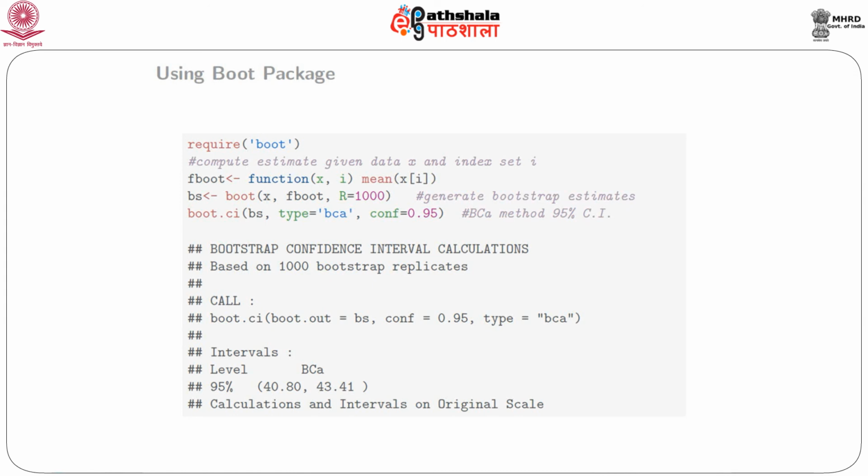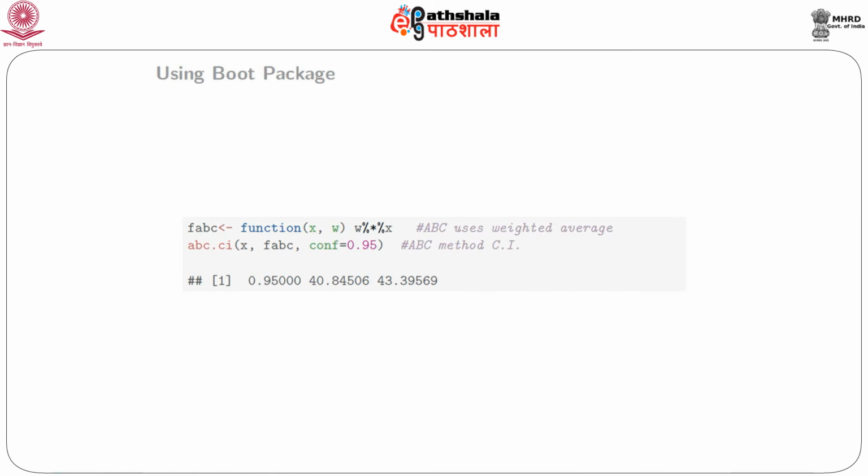So, the percentile confidence interval that we get here is 40.83 and 43.37, rounded to 2 decimal places, whereas the bias corrected interval we get here is 40.833 and 43.373. So, the probabilities from 2.5% and 97.5% change to 2.21% and 97.19%.